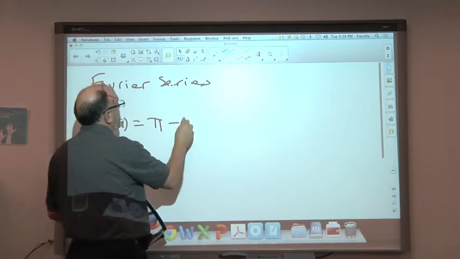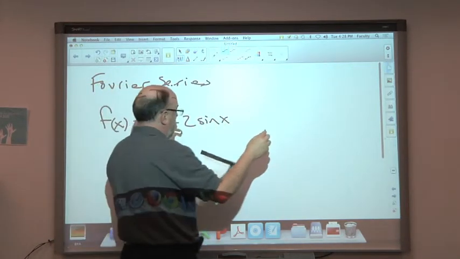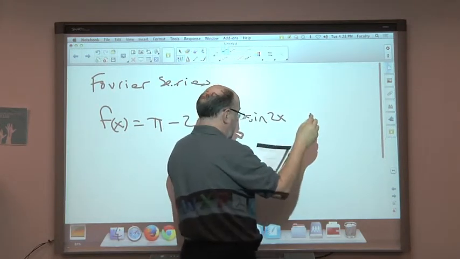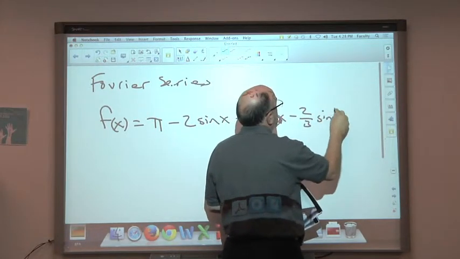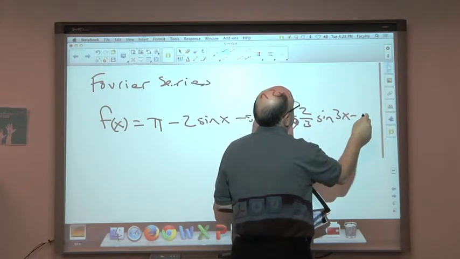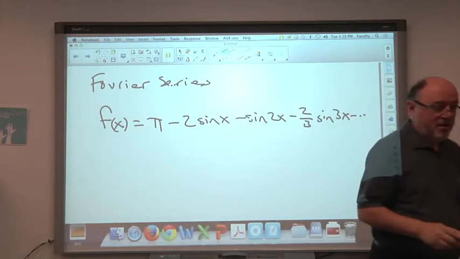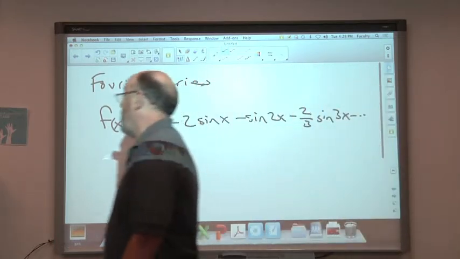And then we get our other terms: minus 2 sine x, minus sine of 2x, minus 2/3 sine 3x, minus, and then this would go on and on, depending how many terms you want to go. So there goes our Fourier series expansion for this particular problem.